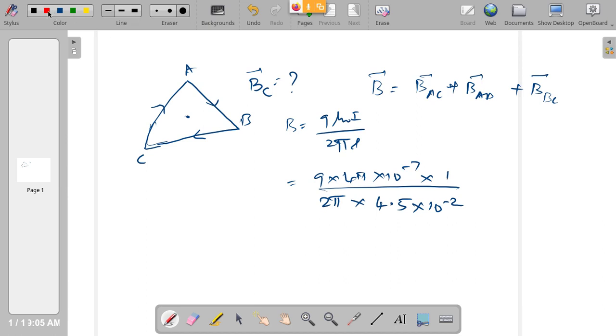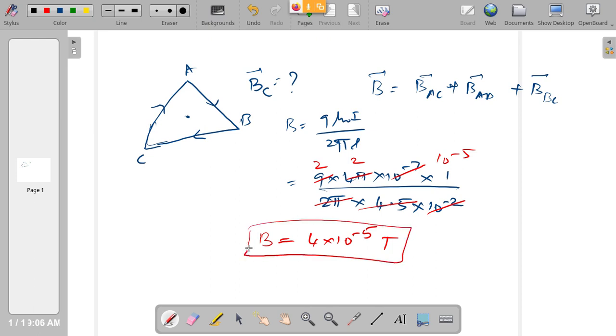Now what are the things that will cancel? 2 pi, 4 pi will get a 2. 9, 4.5 will get a 2. 10 power minus 7, 10 power minus 2 will get a 10 power minus 5. So here 4 into 10 power minus 5 Tesla. This is the magnetic field at the centroid of this triangle.